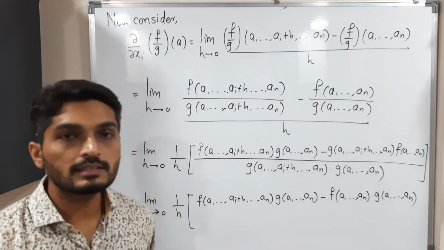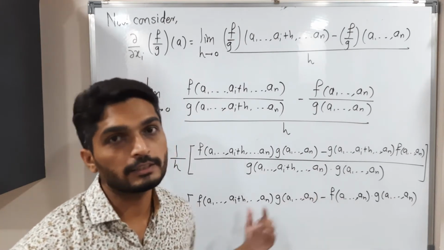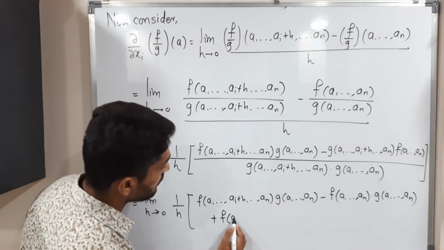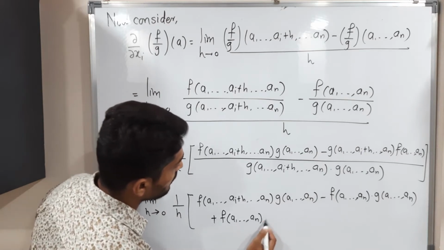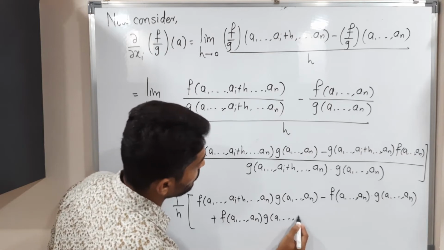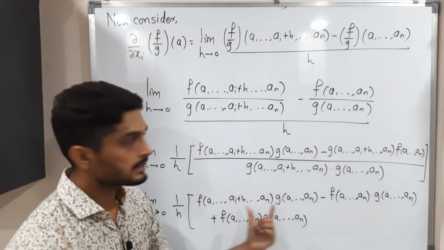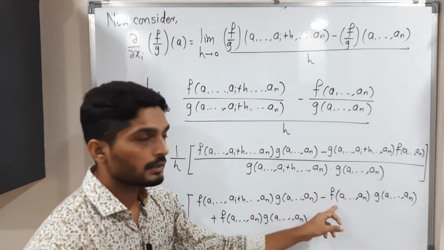I'm adjusting this term, so when I subtract, I need to add somewhere, so I'm also adding plus f(a1, a2, and so on, an) into g(a1, a2, and so on, an). I have written the first term as it is, and I have adjusted this term, subtracted and added.